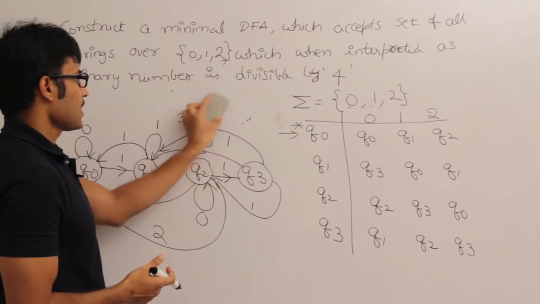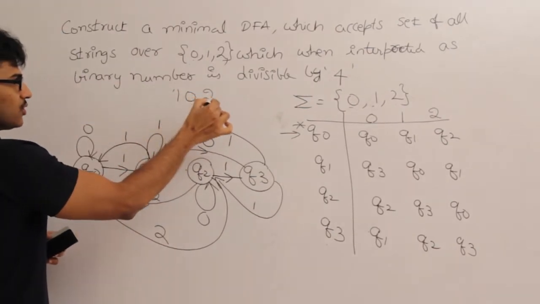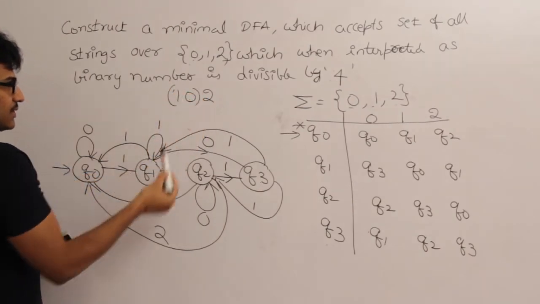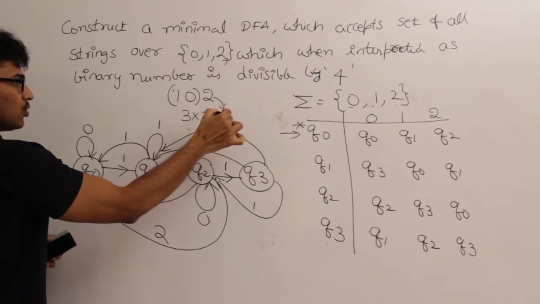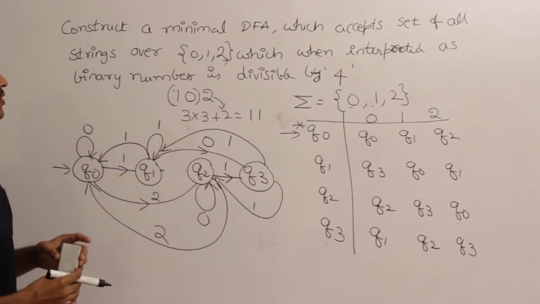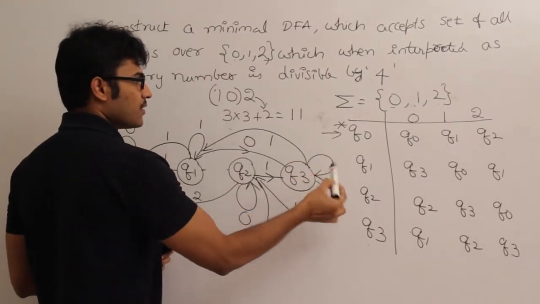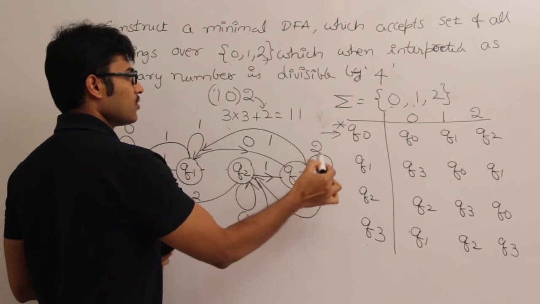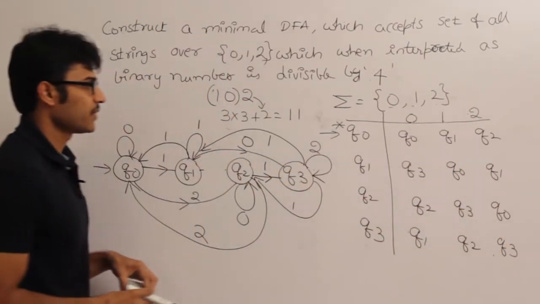Fine. And now Q3, which means 1 0, on seeing 2: this entire thing is 3, so it is going to be 3 into 3 plus 2, which is 11. 11 when divided by 4 is going to give me a remainder of 3. Therefore Q3 on seeing a 2 is going to remain here.